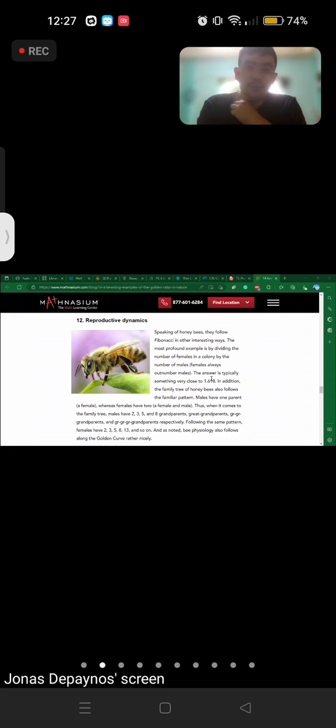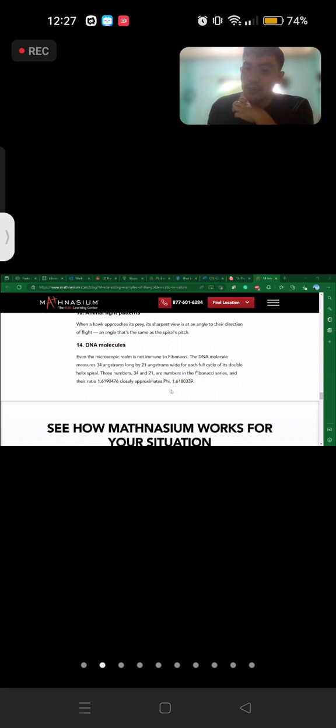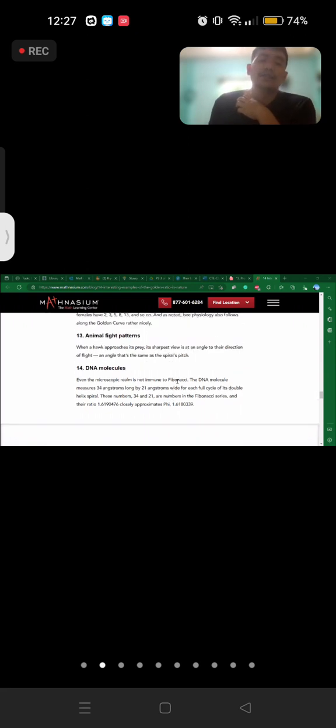Now, kung wala na siyang silbi, anong ginagawa nila? Pinapatay nila. Luckily, hindi ganyan sa tao, right? Animal fight patterns, DNA molecules. So from very microscopic to telescopic galaxies, we can observe the Fibonacci sequence and golden ratio.